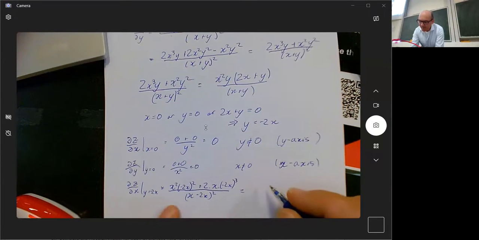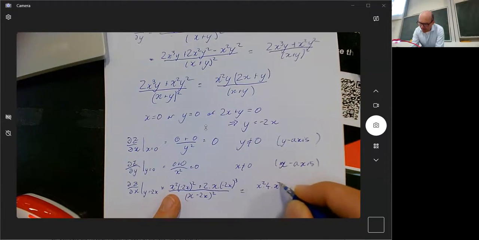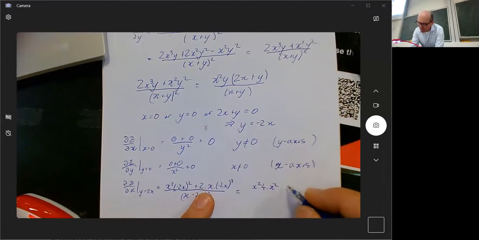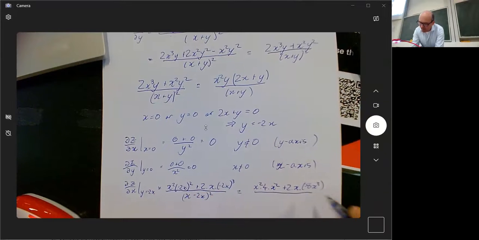So this is going to get me x squared times by 4 times by x squared, plus 2 times x times minus 8x cubed, minus x whole squared.